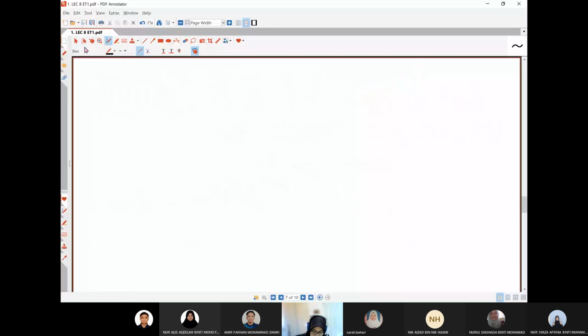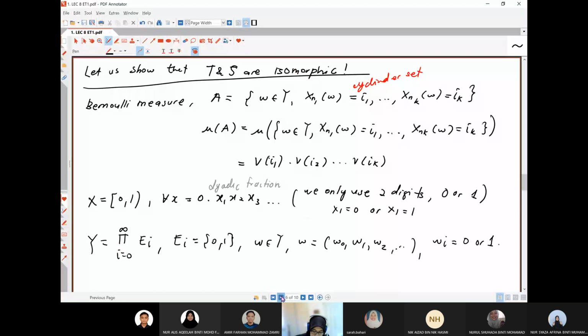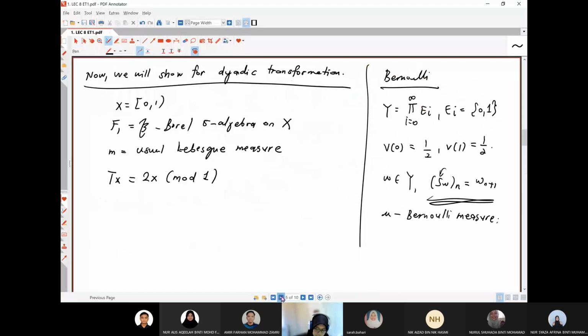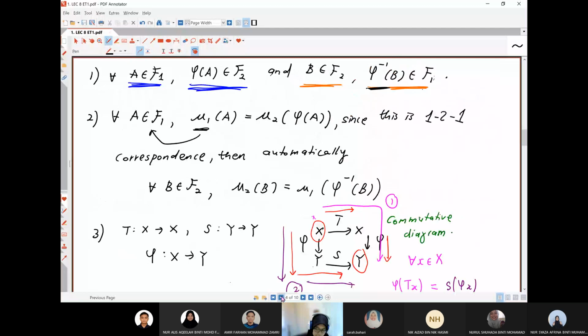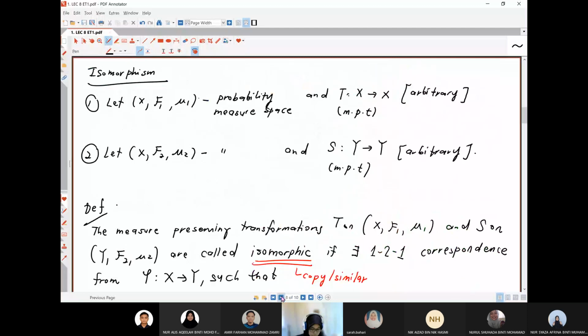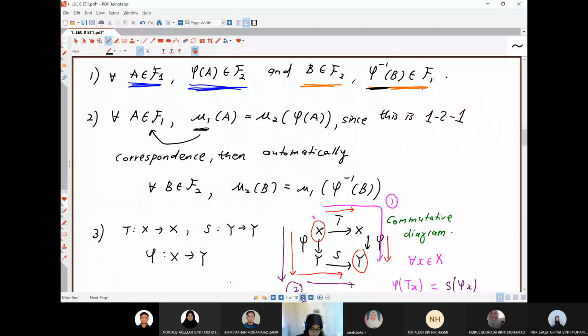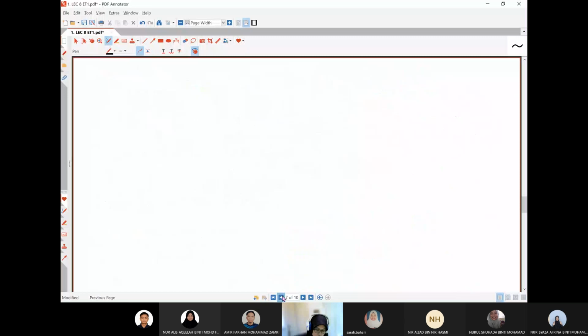So let us try to define it. Let's look back at the definition of isomorphism. From the definition of isomorphism, if there exists a one-to-one correspondence, that means the first step that we need to do is to show there is a one-to-one correspondence between these two transformations that you have.